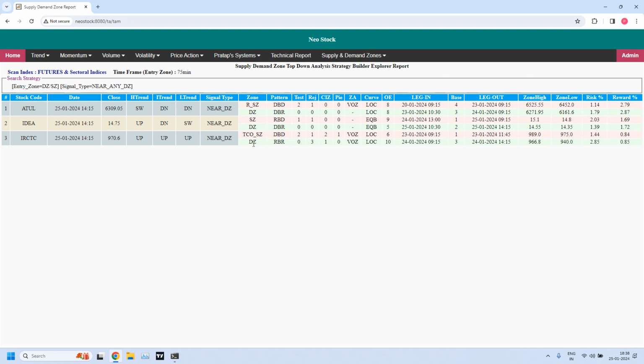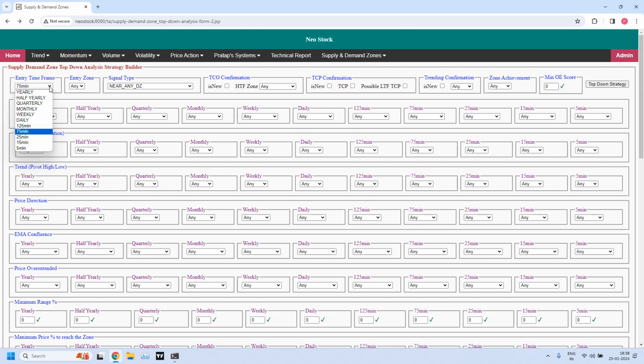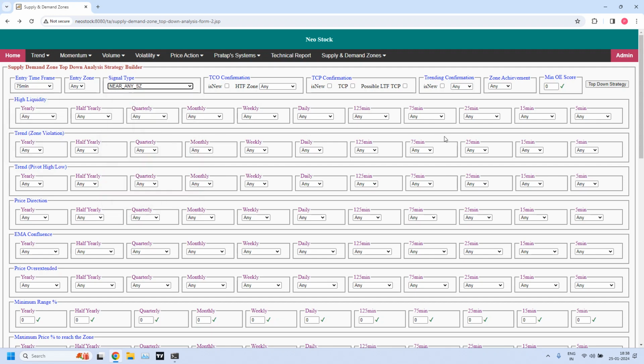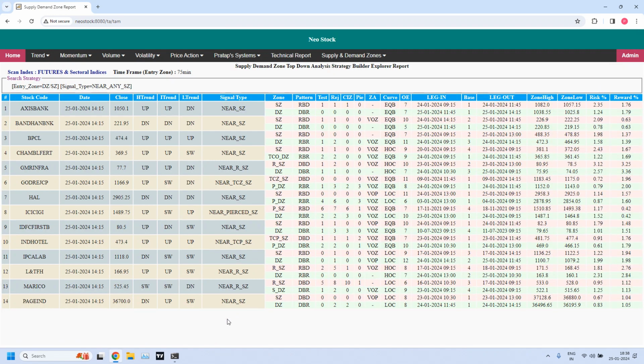So there are no high liquidity demand zones from this list. So let's go back. For 75 minutes time frame, let us find the stocks near 75 minutes supply zone. 14 stocks are filtered. So let us check the high liquidity supply zones.